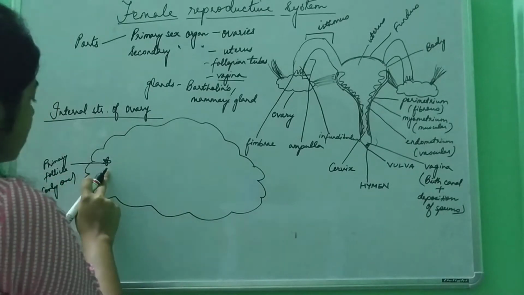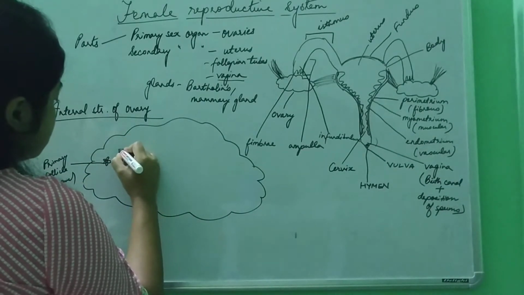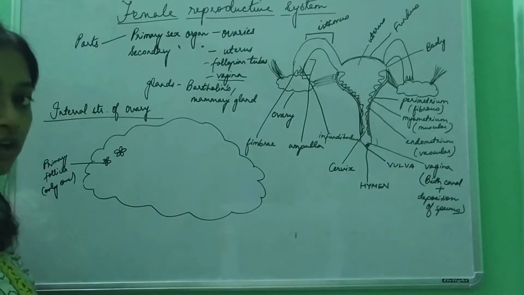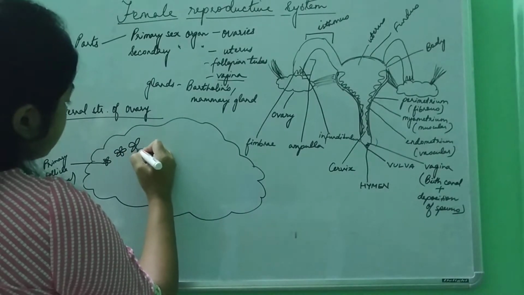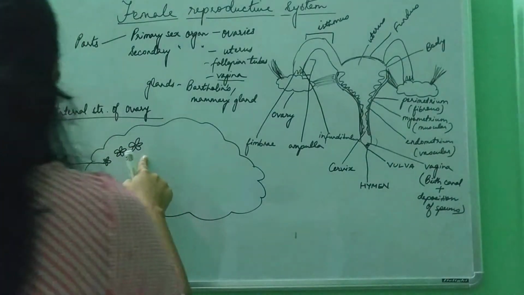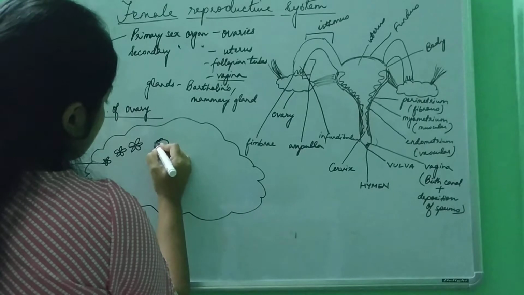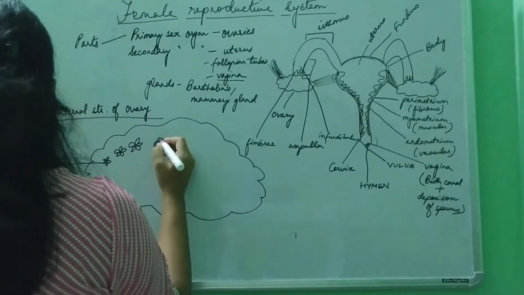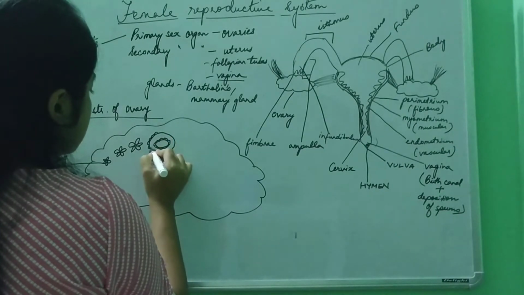So this primary follicle, as time passes, will become a bit bigger to form the secondary follicle. Then this secondary follicle will again become bigger to form the tertiary follicle. This tertiary follicle will change to what we call the Graafian follicle. The Graafian follicle is bigger.